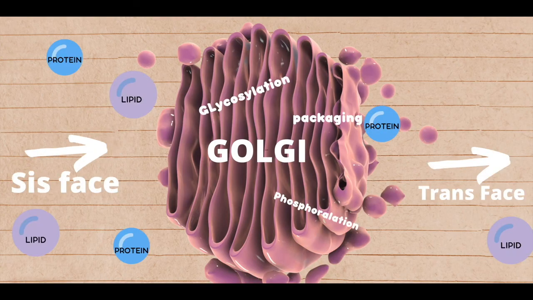Once they're inside of the Golgi, they go through things like glycosylation, phosphorylation, which are what we call modifications, and then they get packaged into vesicles. Once they're packaged in the vesicles, these molecules leave the Golgi apparatus through the trans phase. So just remember, the cis phase is molecules entering the Golgi, and the trans phase is molecules leaving the Golgi.